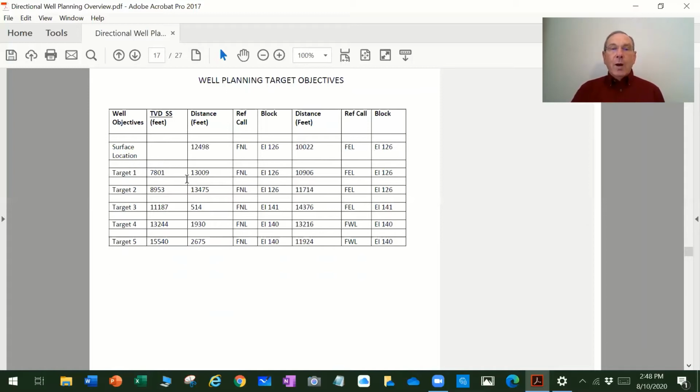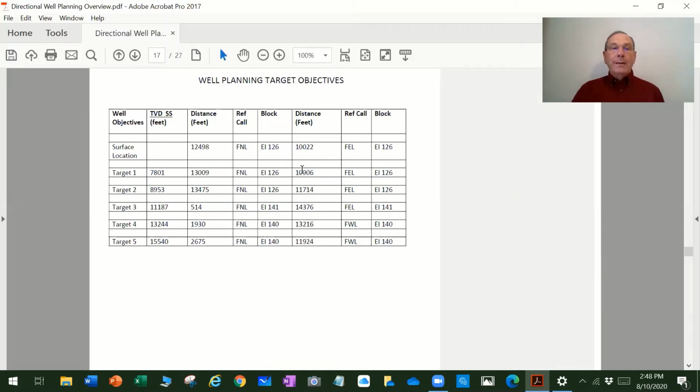The first target is located 10,906 feet from the east line. So just by comparing those two values, I can tell that this well is getting farther west from the east line. Therefore this well is being drilled generally to the west.